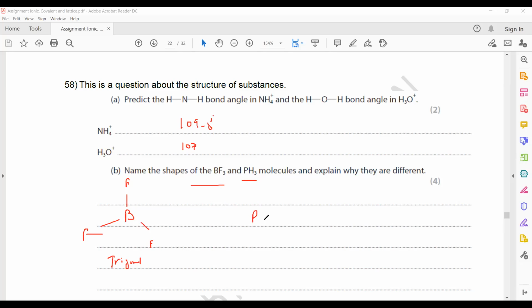But in PH3, phosphorus belongs to group 5, so it shares 3 electrons, meaning 3 bond pairs are there and 1 lone pair. So what is the difference? 3 bond pairs and 1 lone pair, then it will be trigonal pyramidal.